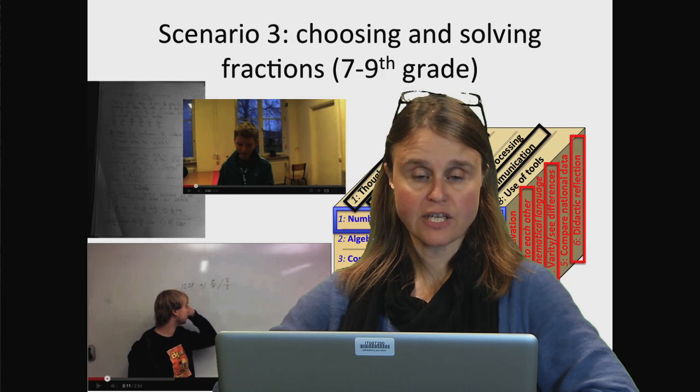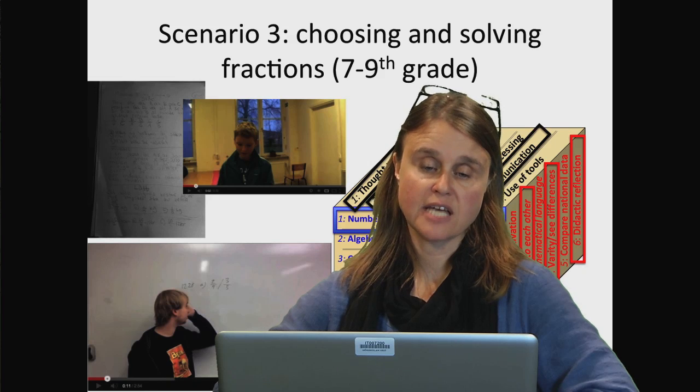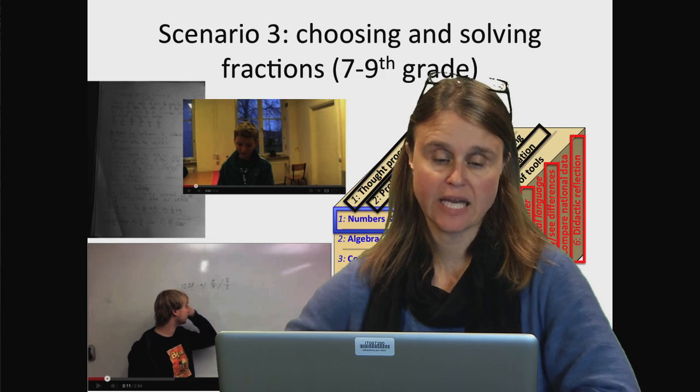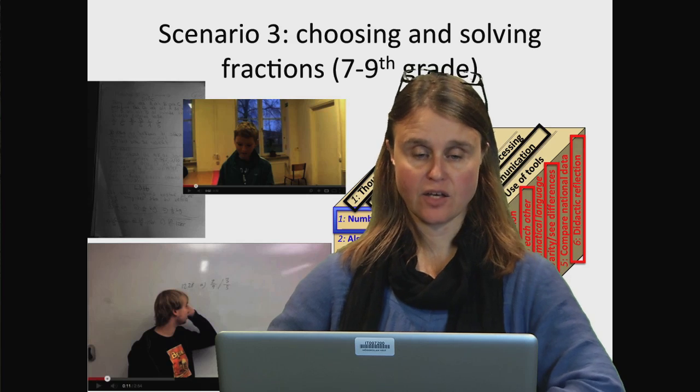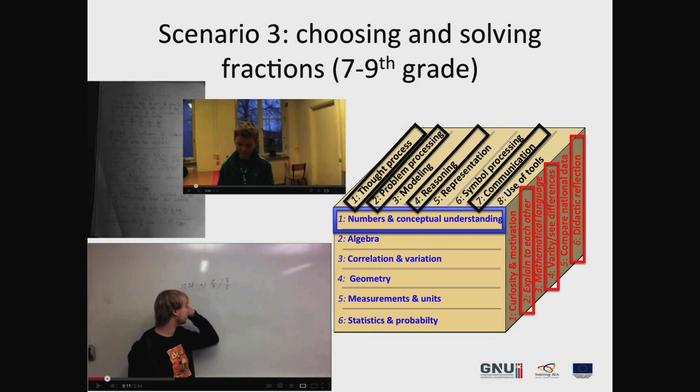In scenario 3, students were collaborating, choosing and solving fractions in the 7th and 8th grades. They got some problems that they discussed and tried to solve together. Again, we can see key content, competences addressed, and added value defined.